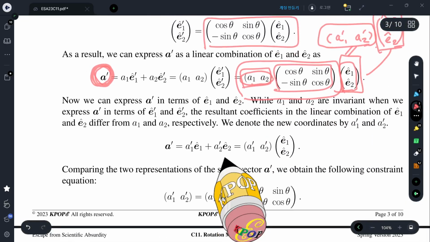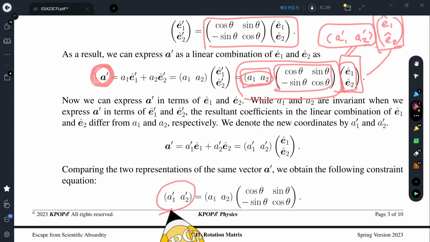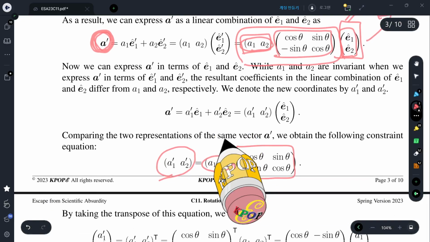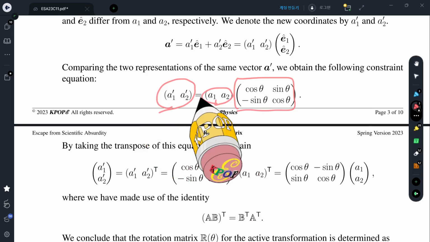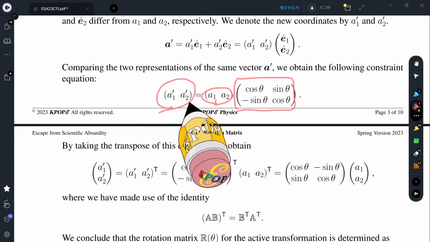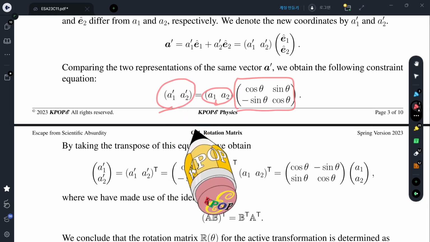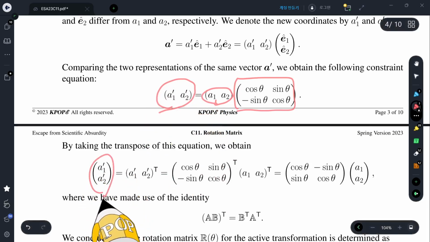Okay, so what I have just found is the new Cartesian components expressed in terms of the old Cartesian components multiplied by this. By the way, Cartesian components are usually expressed in the form of a column. So it's better to replace this row vector with a column vector.